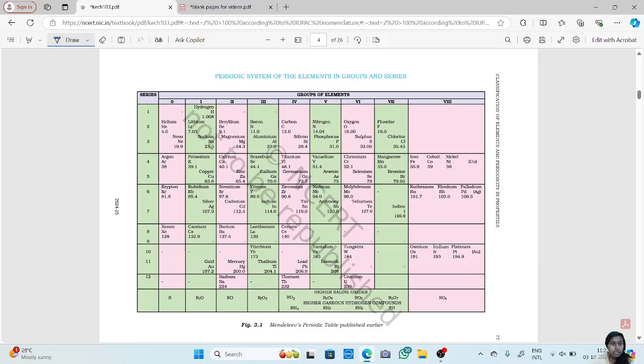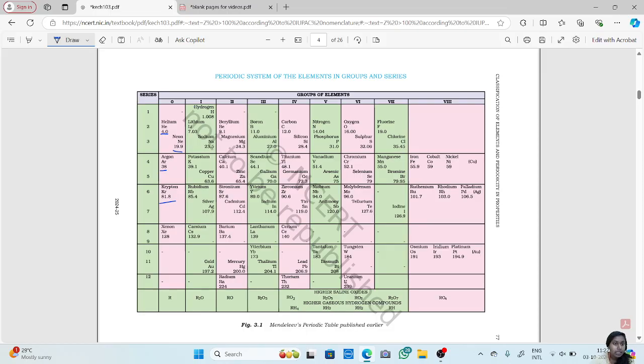You can see he had arranged them in such a way that everything is under their properties. Now you can see there is a difference in their atomic weights. It should be 4, 19.9, 38, 81.8, right? But what Mendeleev did is arrange them in such a way that their properties remained the same.